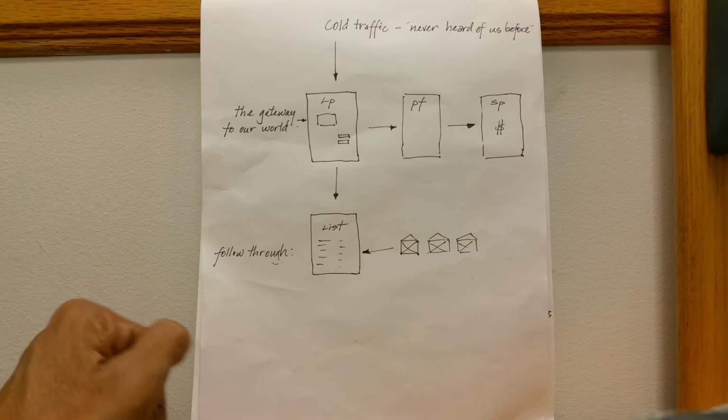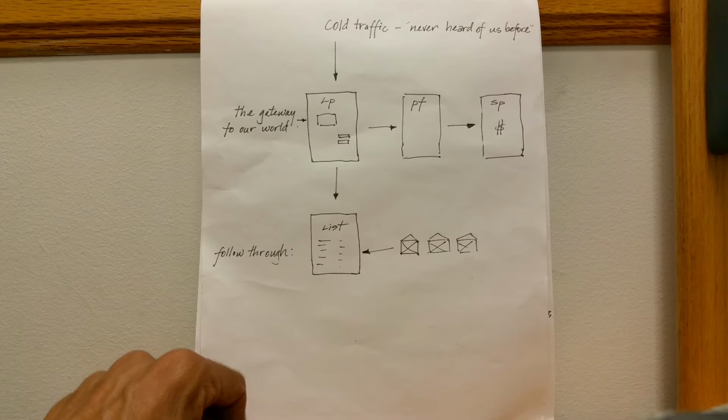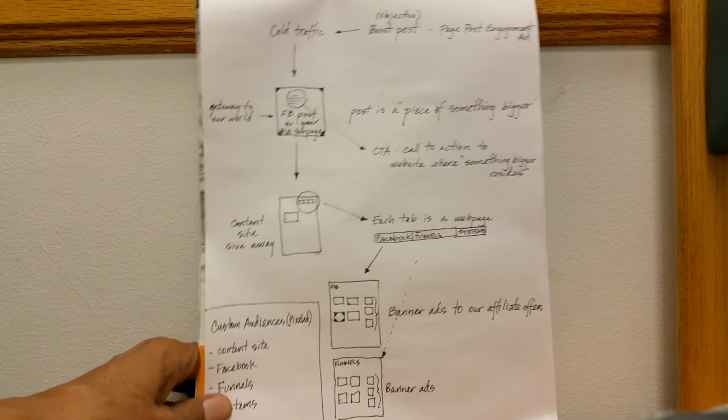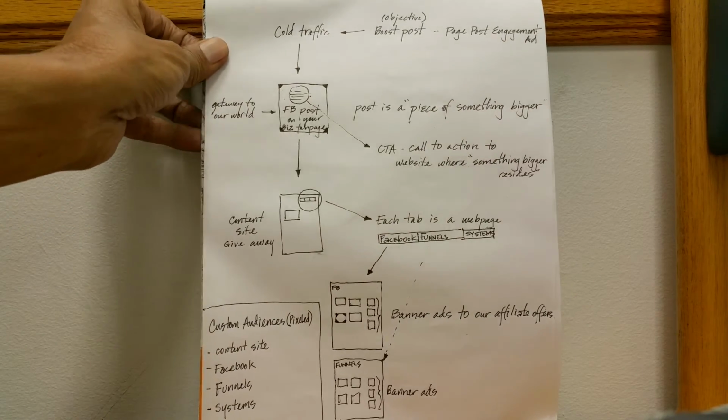So now the new way, building relationships with paid traffic. Let's take a look at that right now. Again, the funnel or the process starts at the top with cold traffic.